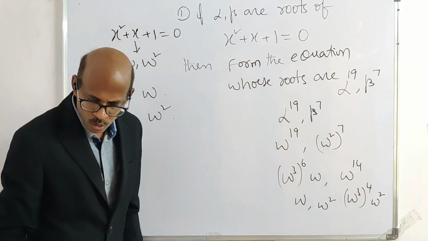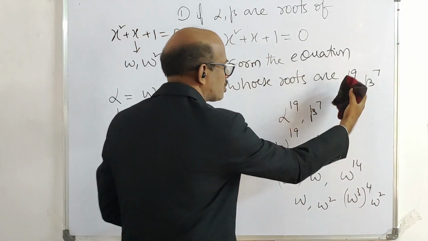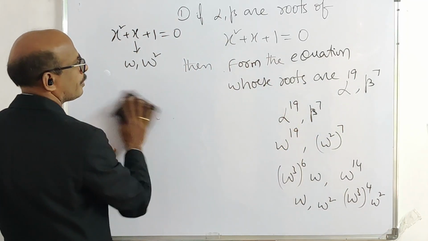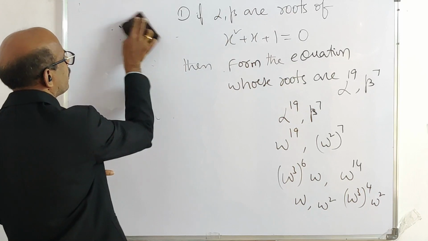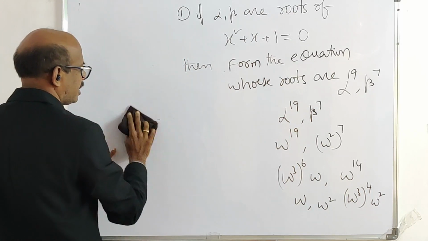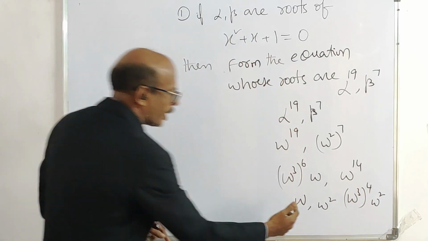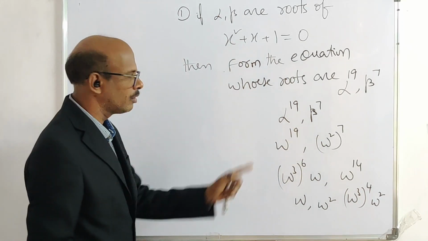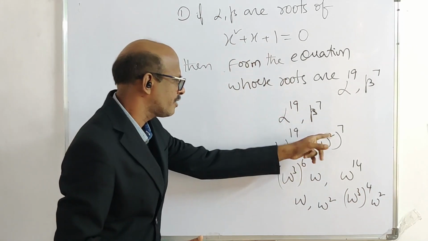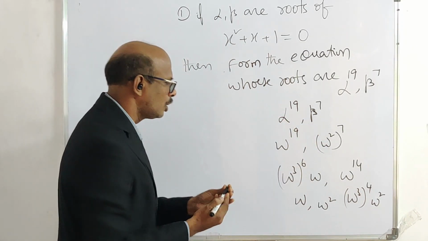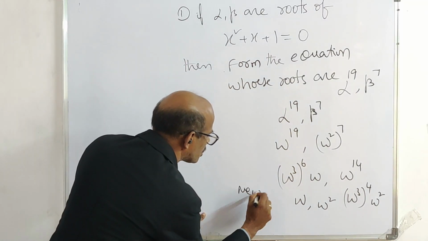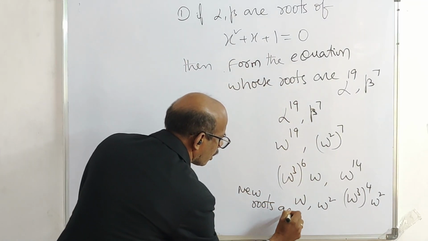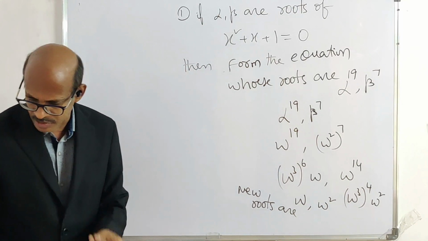Means the new, transformed roots alpha power 19, beta power 7 become, after simplification, the original omega and omega square. So we got the new roots, omega and omega square.